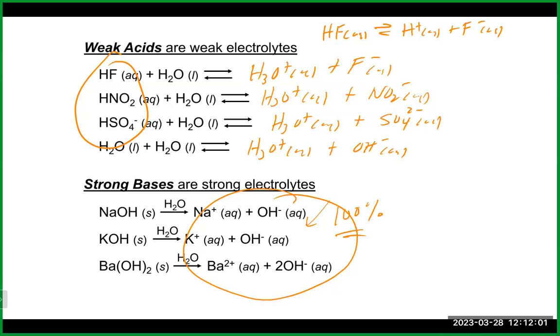Most of our strong bases come from group 1 or group 2 on the periodic table. That is because group 1 is the alkali metals, group 2 is the alkaline earth metals, and the word alkaline means basic. If you make something alkaline, it's basic.